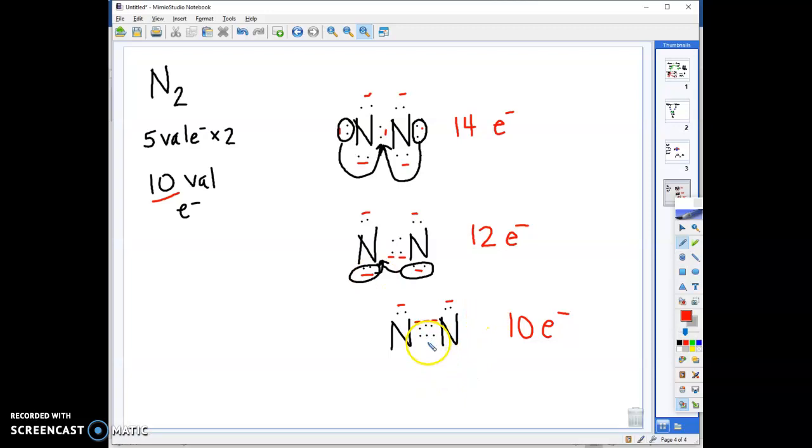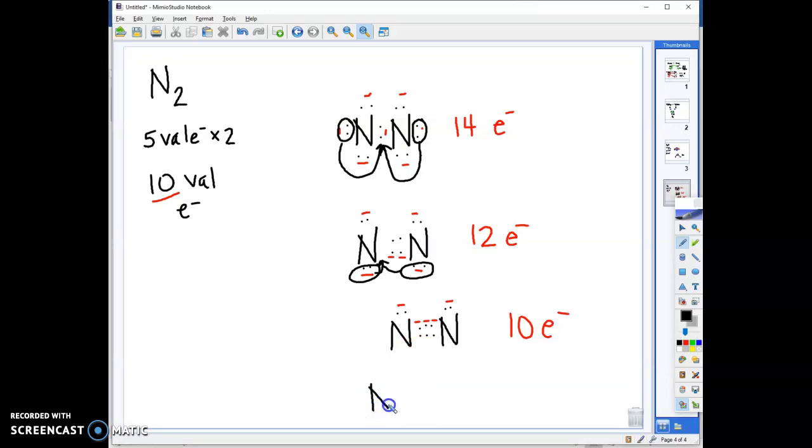Okay. Now, since I have a diatom, I only have 2 atoms. The only possible shape that I can have is linear. So anytime you only have 2 atoms in your molecule, then the shape has to be linear.